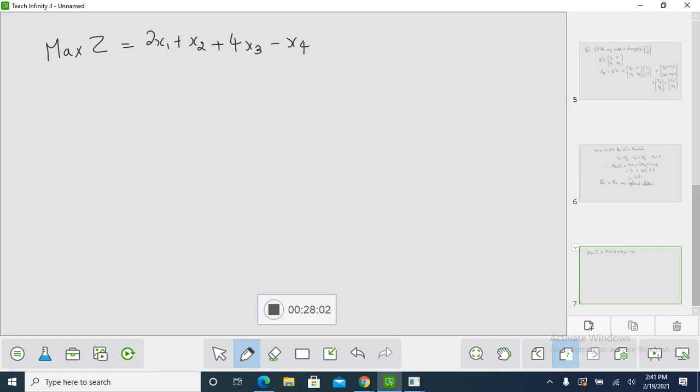Subject to the conditions: x1 plus 2x2 plus x3 minus 3x4 is less than or equal to 8. Then the second: minus x2, not x1, sorry, minus x2 plus x3 plus 2x4 is less than or equal to 0.